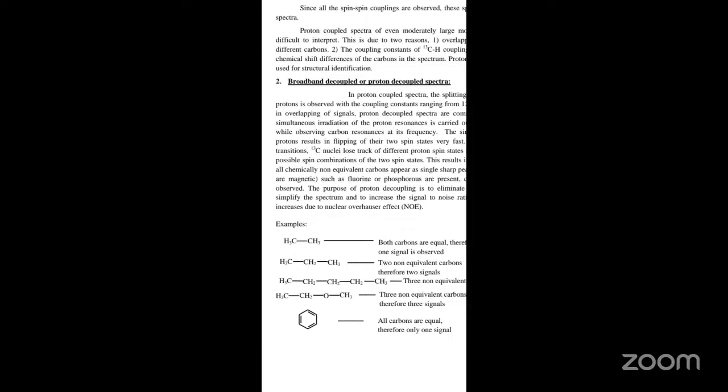For this methyl, which is directly attached to the oxygen, it appears as four lines here, and the adjacent one on the left side, the CH2 carbon, appears as a triplet, and the one adjacent to the CH2, that is the CH3, appears as a quartet here.